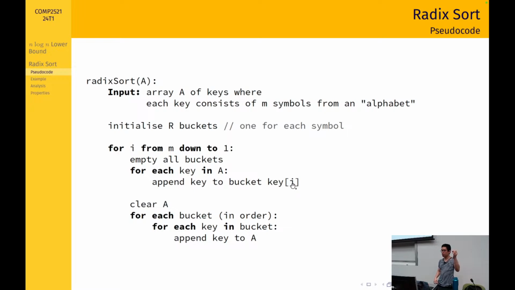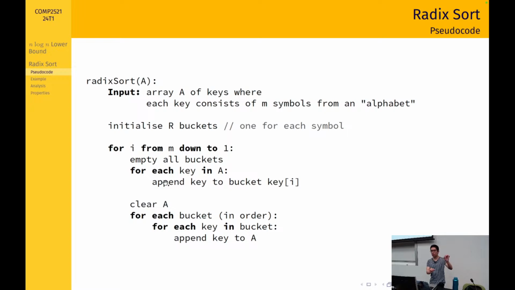Now for each key in our array, we're going to take the ith symbol in the key. Remember, i starts from m, so in the first iteration that's going to be our last symbol. So we take the symbol at index i and add the key to the bucket corresponding to that symbol. We have another example for this coming up, so don't worry if this confuses you.